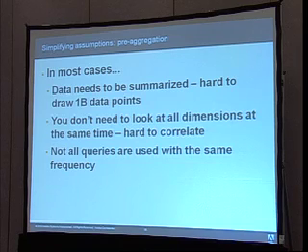Why does this work? What's the fundamental simplifying assumption that we make, which works in most of the cases that we've met? In most cases, you need to summarize the data. You don't need to look at 1 billion, 2 billion, 3 billion data points at any one time.